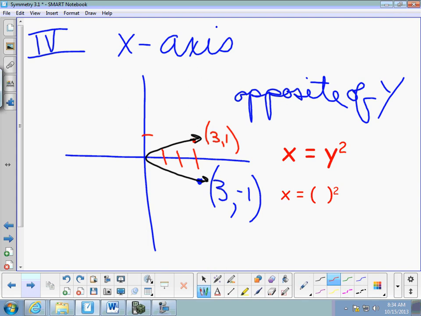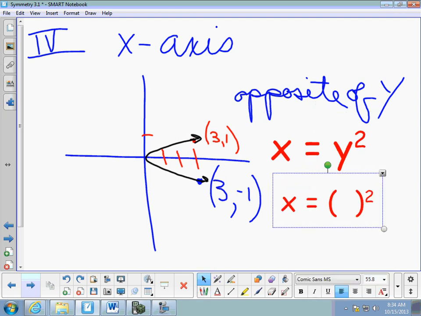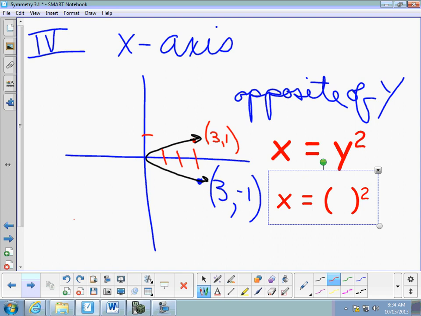So, for example, look at this equation. And this is an old Algebra 1 thing, or maybe geometry, I don't know. But if you take out the y, this is the equation x equals y squared. That's what a sideways parabola is.